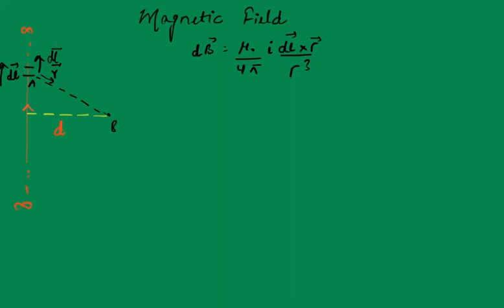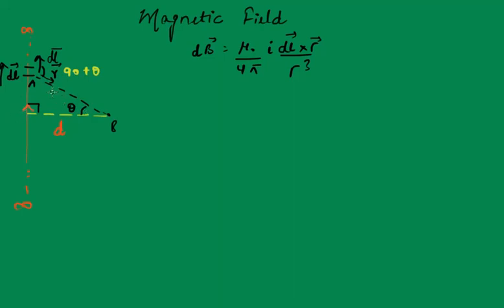And what is the angle between them? Let's say this angle is theta and this angle is 90 degrees, then this angle will be 90 plus theta. So the angle between dl vector and r vector will be 90 plus theta, right? This is normal geometry.